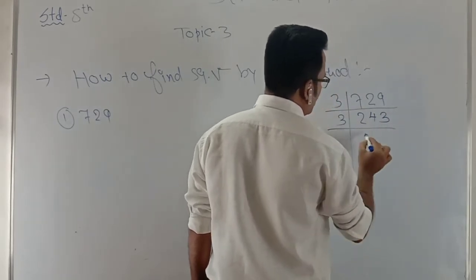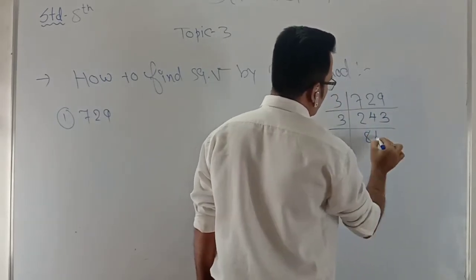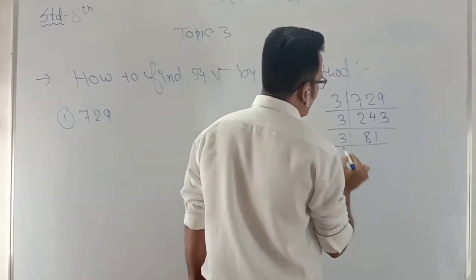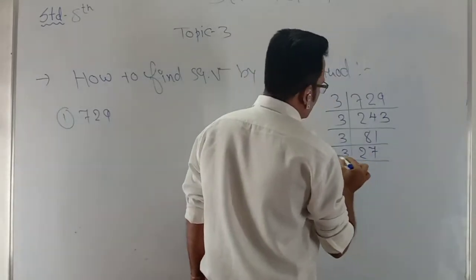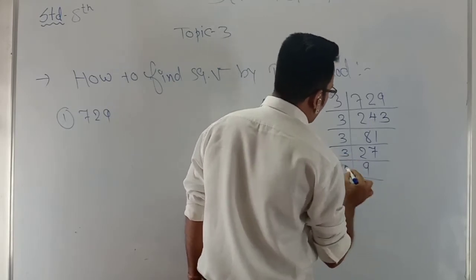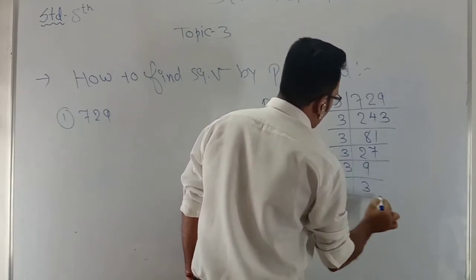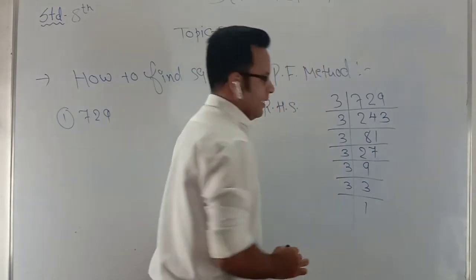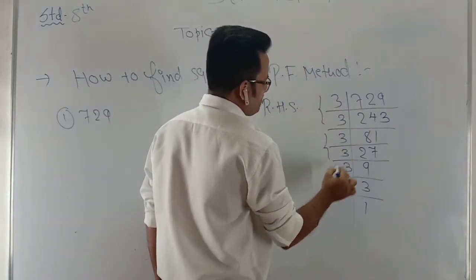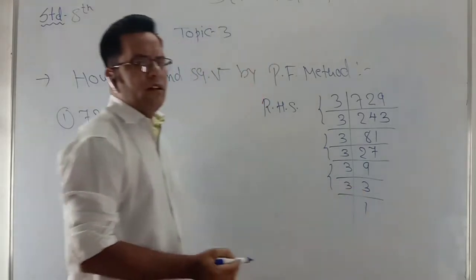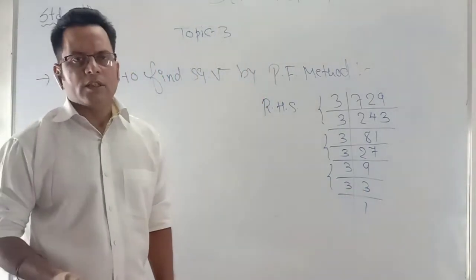Again with the 3, 3 8s are 24, 3 1s are 3. Again with the 3, 3 9s are, 3 3s are and 3 1s are. Now you can see that here you are getting pairs of 3.